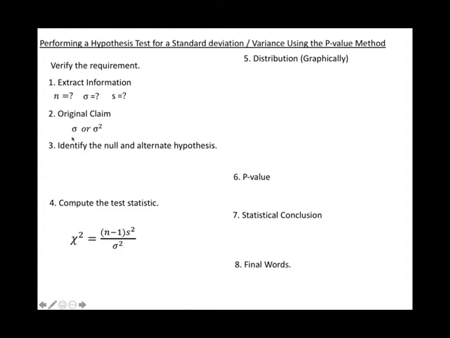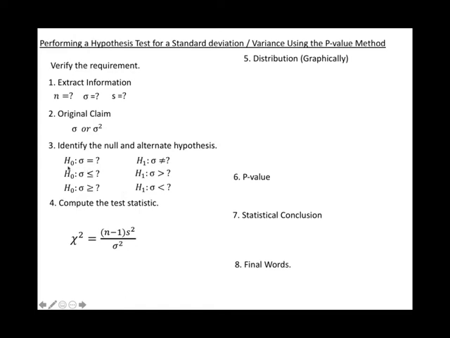Based on your original claim statement, find the null and alternate hypotheses. It depends on which one you're working on. I only use the example of the standard deviation. If the original claim is about the variance, you put sigma squared here.